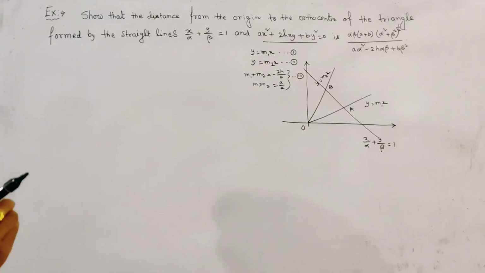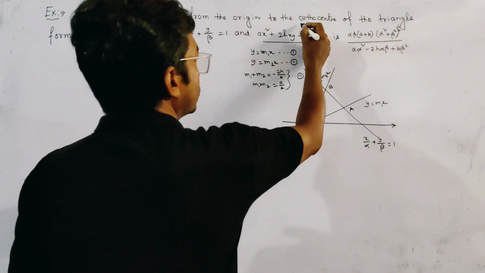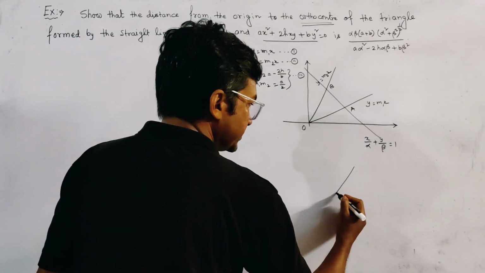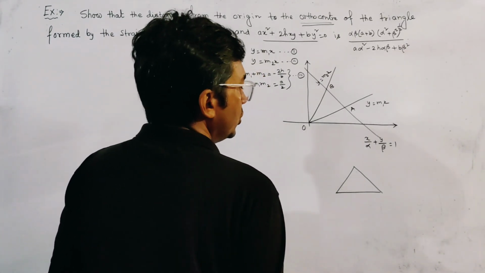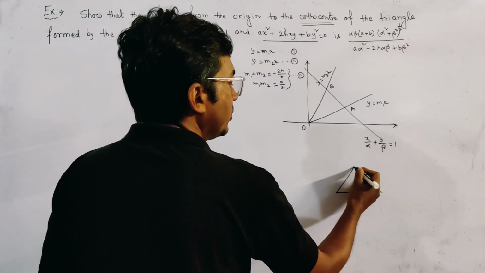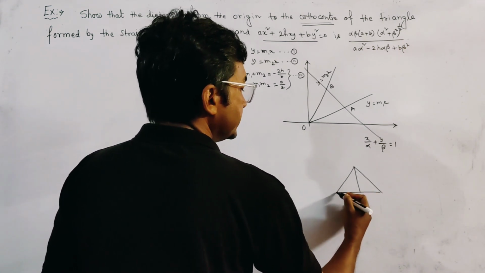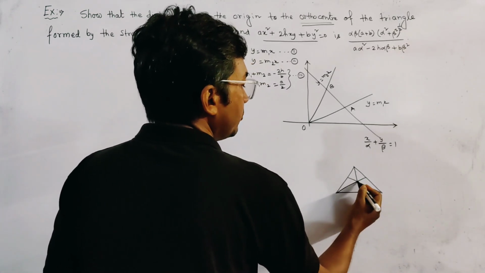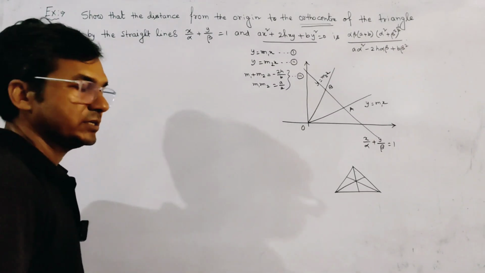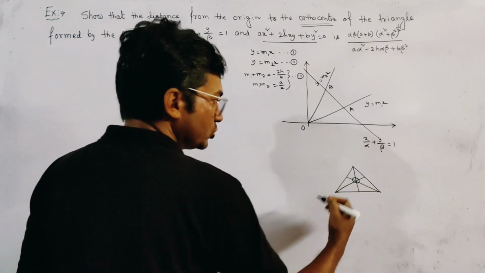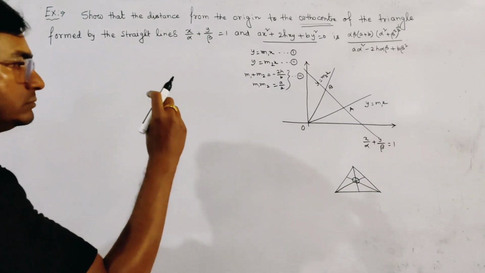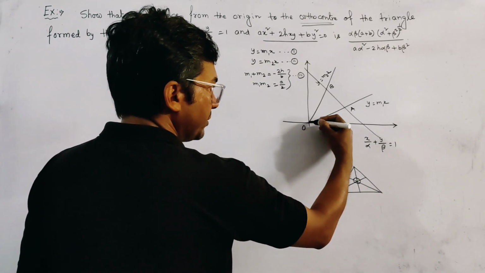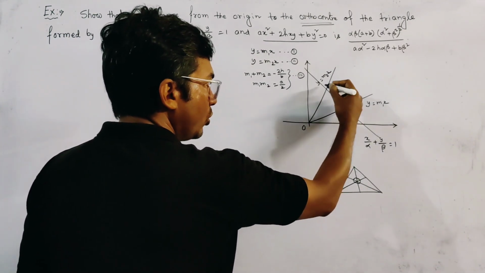Now we first understand the definition of orthocenter. If for any triangle ABC we draw the perpendicular from each vertex to the opposite side, then the three perpendiculars meet at a point, that is, they are concurrent, and this point is said to be the orthocenter of the triangle. Now we first draw the perpendicular line from O on AB.